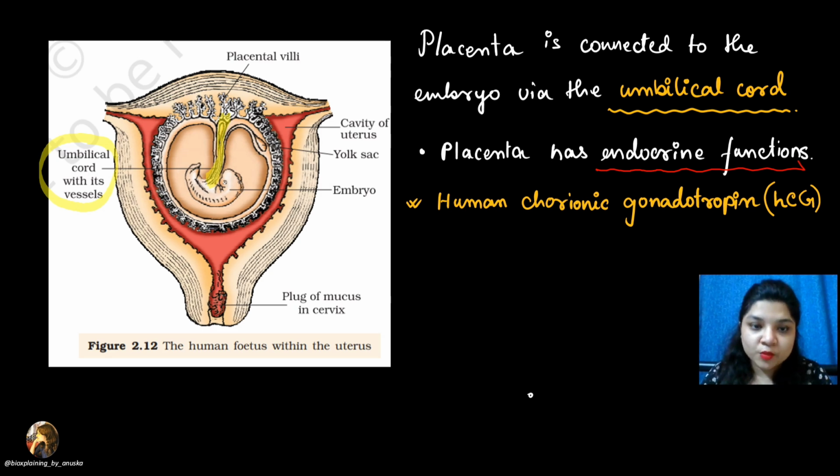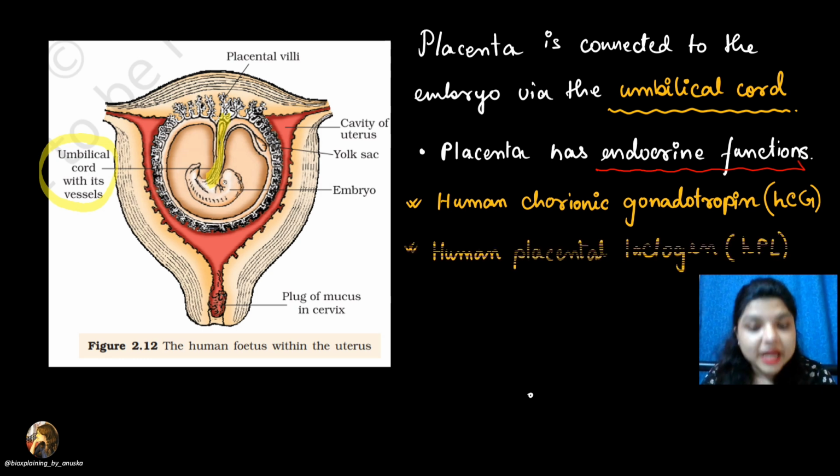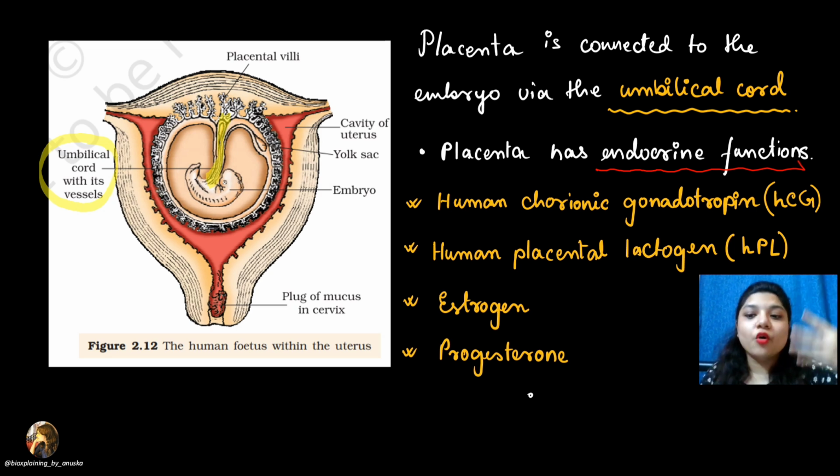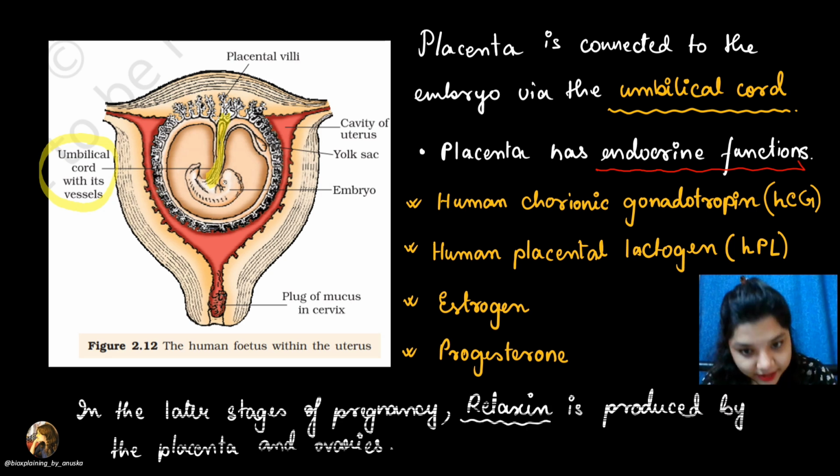This is one hormone the placenta can secrete. Then we have human placental lactogen, HPL, another hormone. Then we have estrogen and progesterone. So these are the four major hormones that the placenta can secrete.